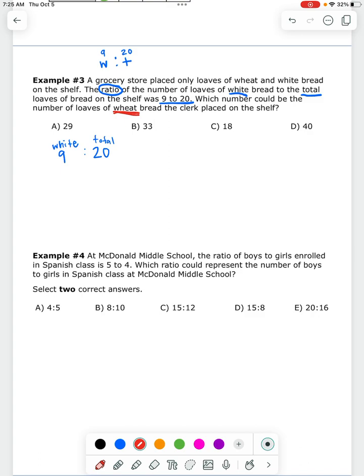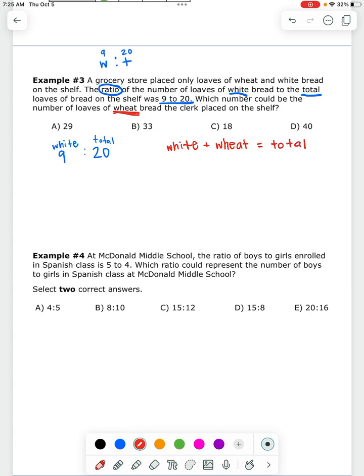So if I know the total, I would have to subtract to get the wheat bread. So let's go ahead and write this out. I have white plus wheat, because those are the two types of bread, those are going to equal my total amount.